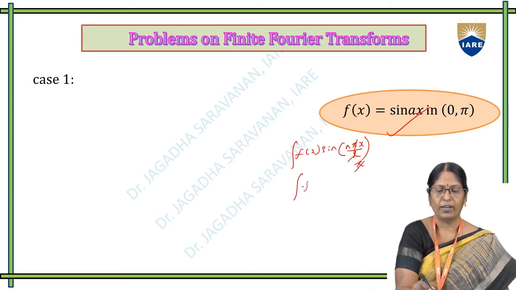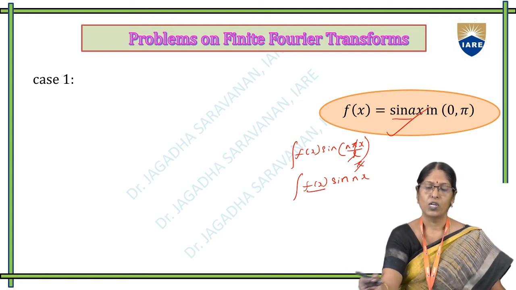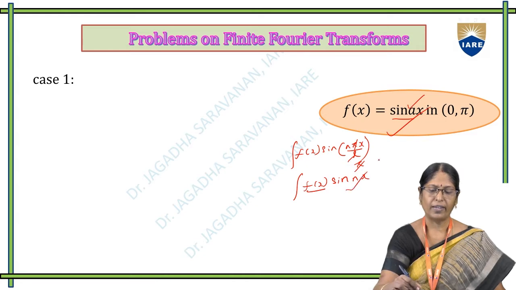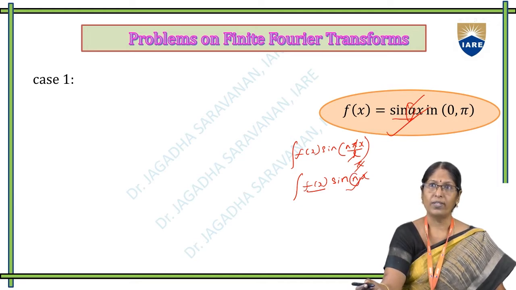So we have the integral of f of x sine nx, and this f of x is nothing but sine ax. So sine ax is there, sine nx is there. In both, a is there, n is there. In case 1, suppose this a and n are not the same, that is, they don't have the same value.